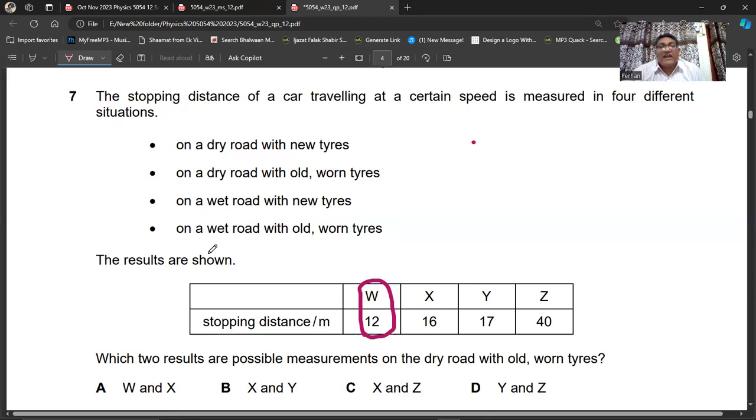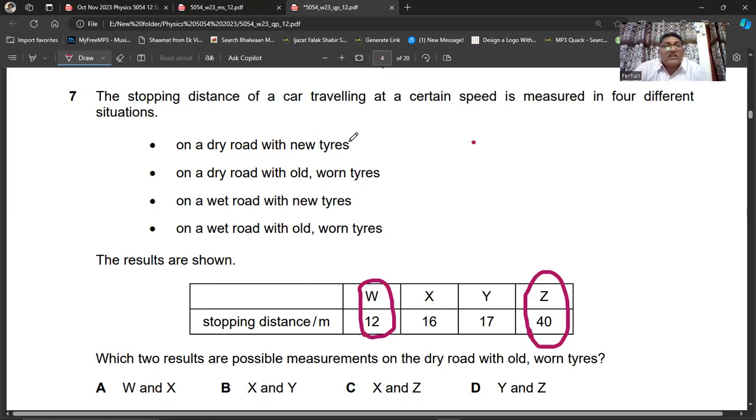So the wet road with the old worn tires will have the maximum distance covered, and that will be this one. So the remaining two options are these two. Their option is the dry road with the old tires, because the road is dry and you have old and worn tires. What is the other situation?